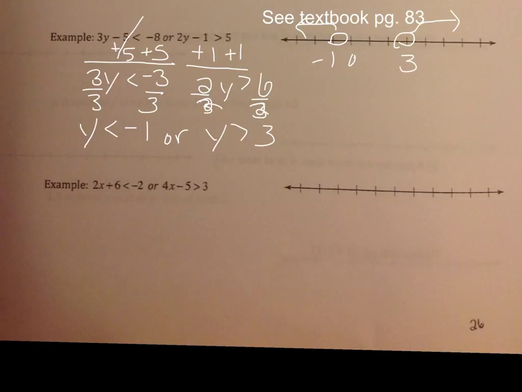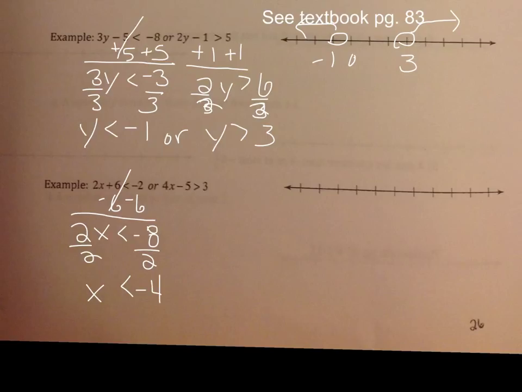We'll repeat this process for the fourth example. We're going to subtract 6 from both sides. When we subtract 6, we're left with 2x is less than negative 8. We're going to divide both sides by 2. We're going to get x is less than negative 4.